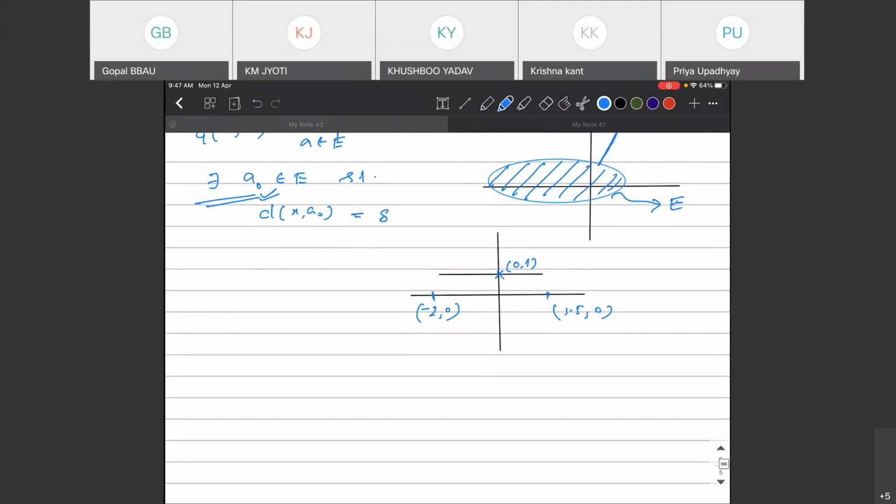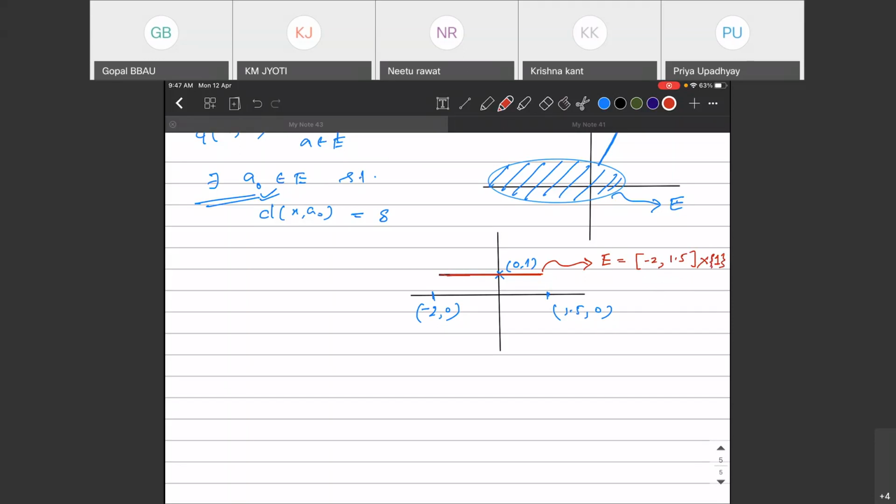Now take this set, this red line segment, which is nothing but this set E equal to (-2, 1.5) cross 1.